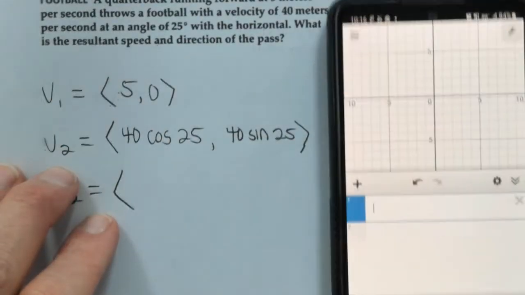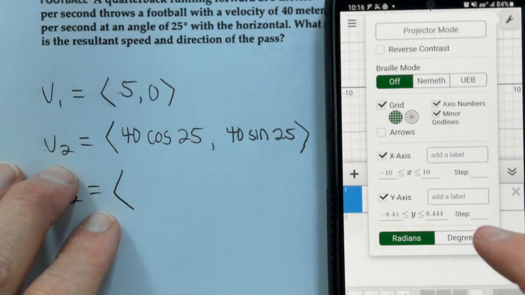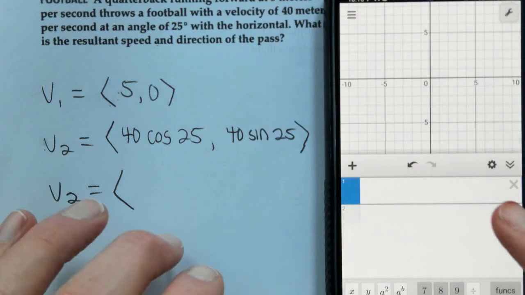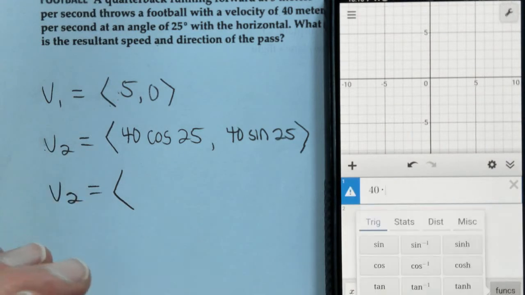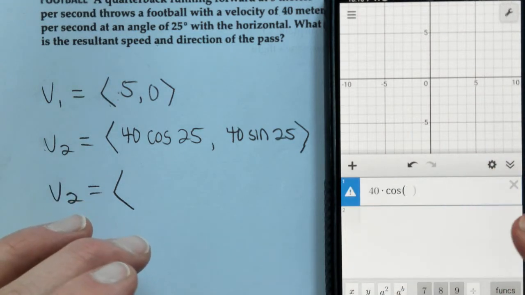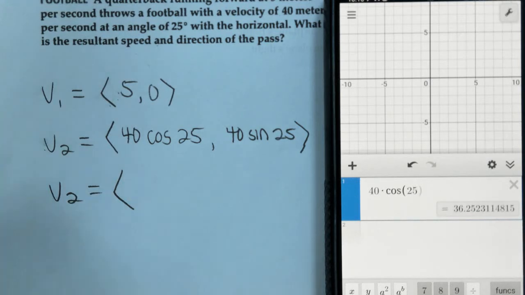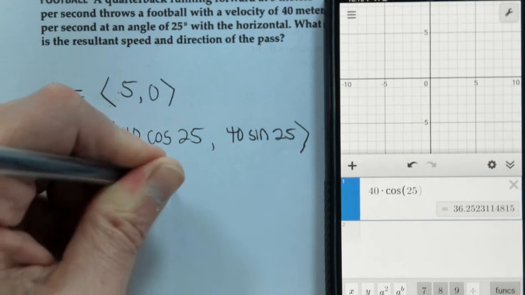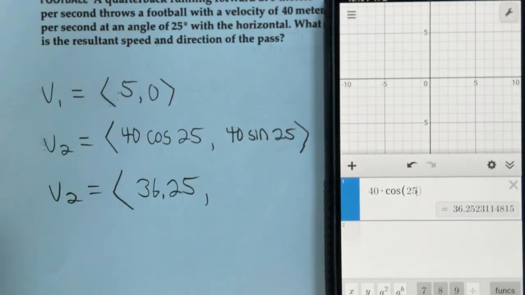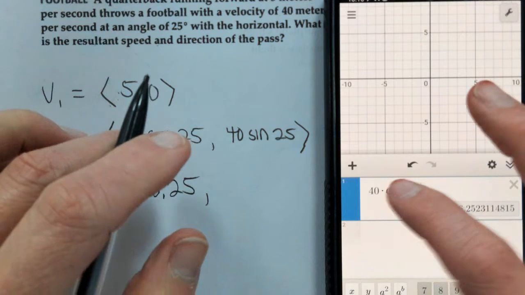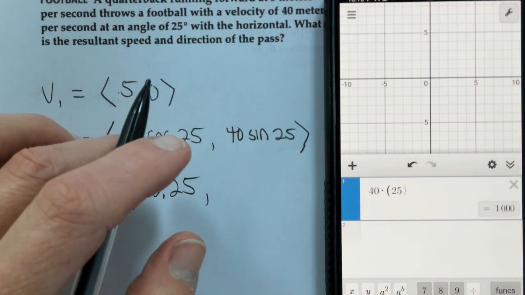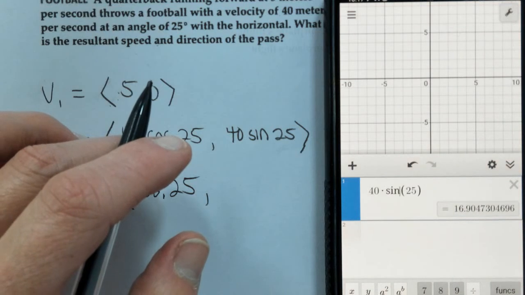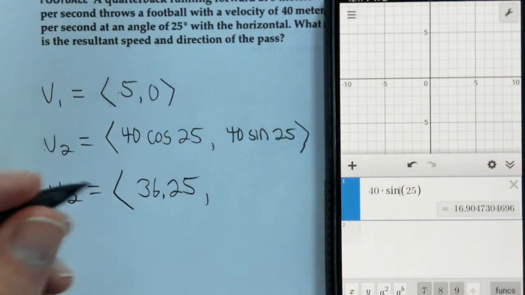come here to the calculator, make sure you're on degrees. Remember, it automatically defaults to radians, so you're going to have to switch that over. We'll go 40 times cosine of 25, and that's 36.25. And for the other one, I just need to change that to sine, and that's 16.9.